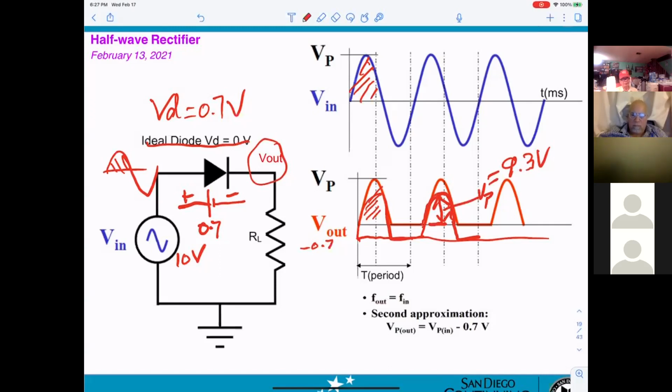You will be hitting this problem here. When you run the half-wave rectifier, we're not using an ideal diode. We're using a normal diode, 0.7 volt. And when the input is positive, the diode will be on.